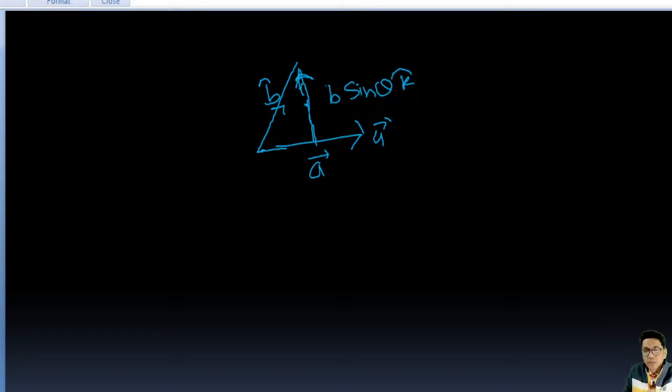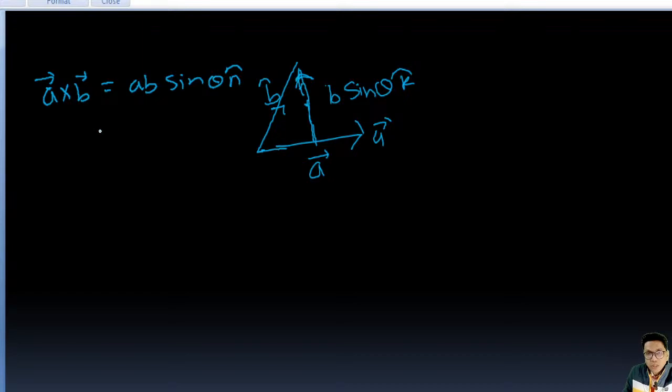Because A and B are two vectors, we know the cross product of A and B is AB sine theta n cap, where n cap is the vector perpendicular to the plane containing A and B, by the definition of vector cross product.